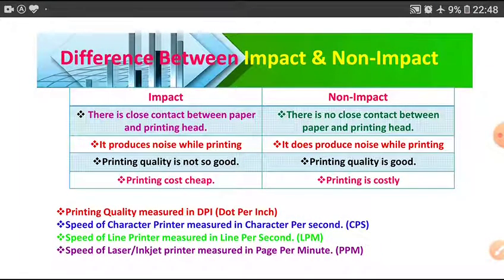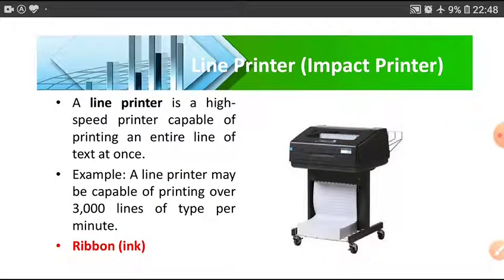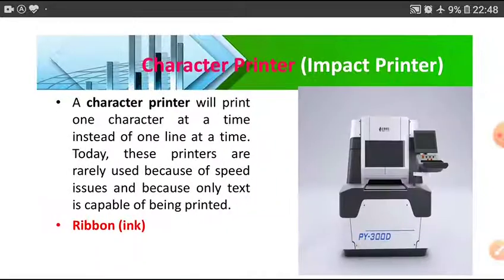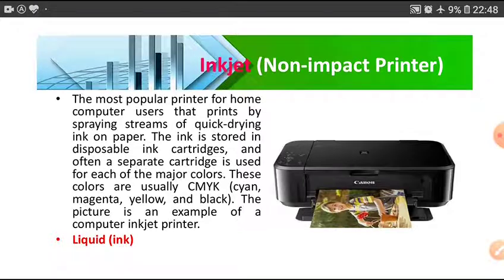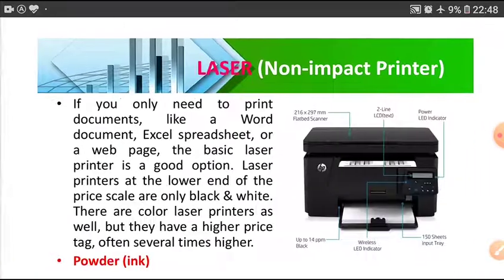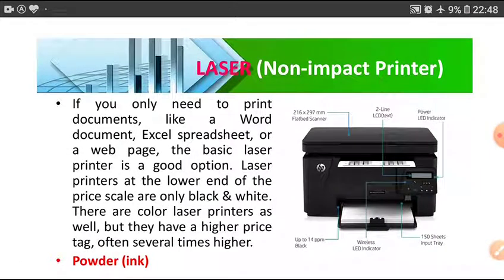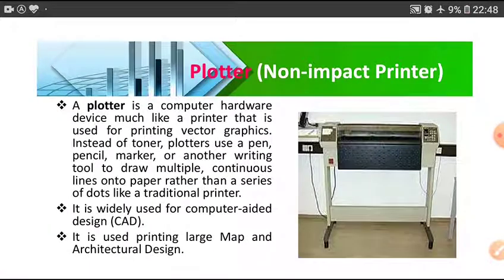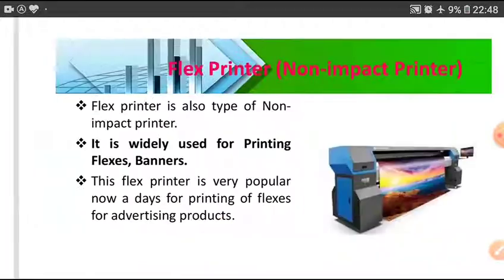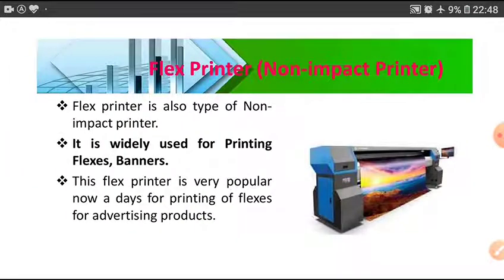Difference between impact and non-impact printer. These are differences. Line printer, impact printer. Character printer, impact printer. Inkjet printer, non-impact printer. Laser printer, non-impact printer. Plotter, non-impact printer. Flex printer, non-impact printer.